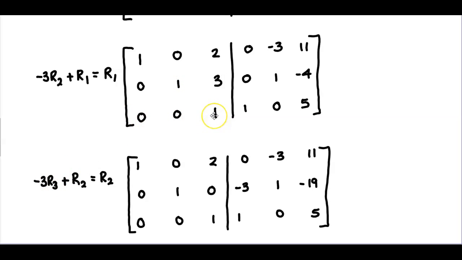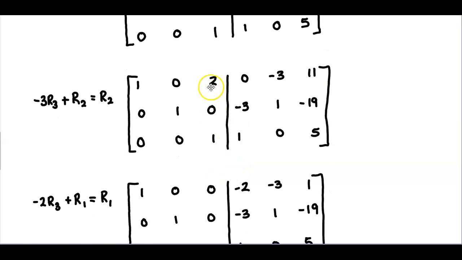Negative 3 times 1 is negative 3, plus 3 is 0. Negative 3 times 1 is negative 3, plus 0 is negative 3. Negative 3 times 0 is 0, plus 1 is 1. Negative 3 times 5 is negative 15, plus negative 4 gives you negative 19.